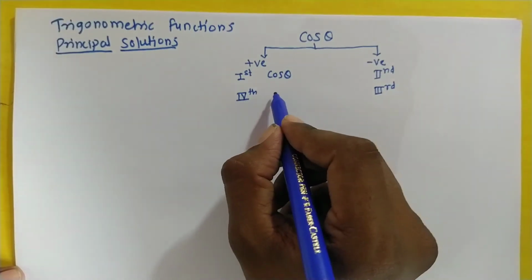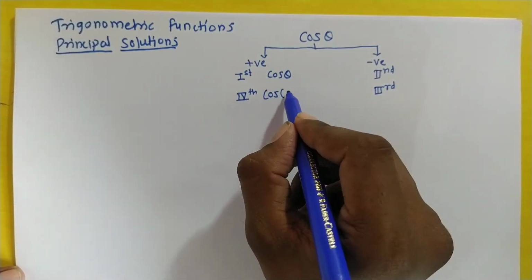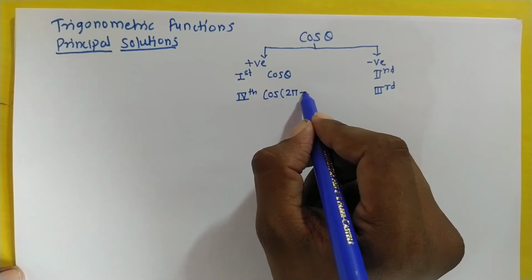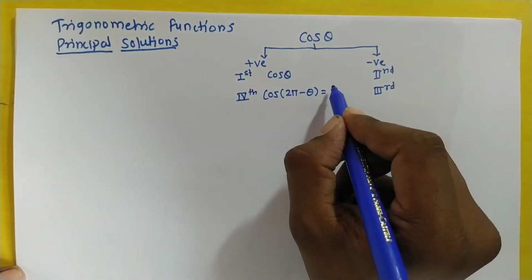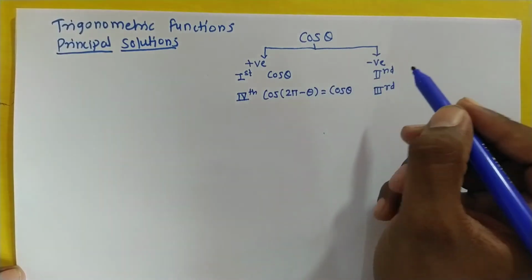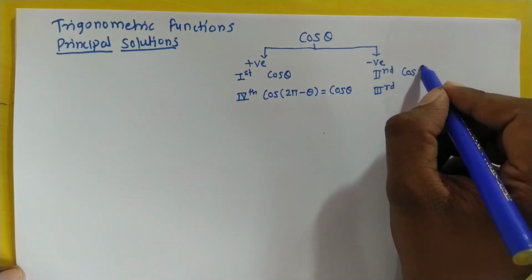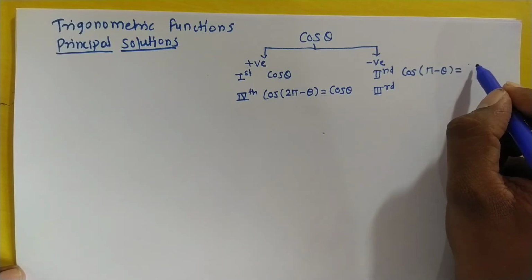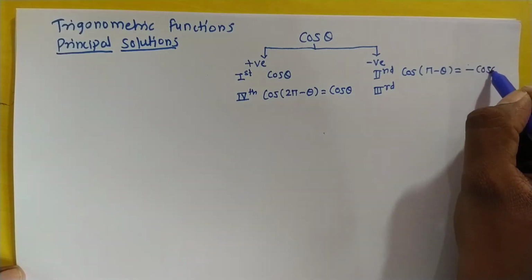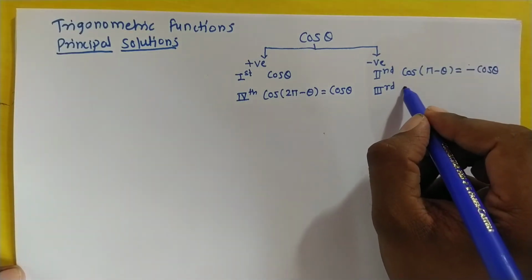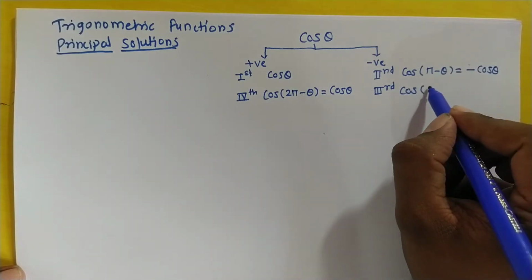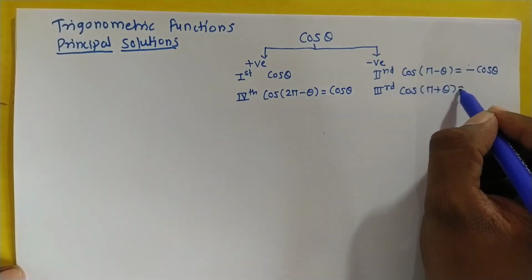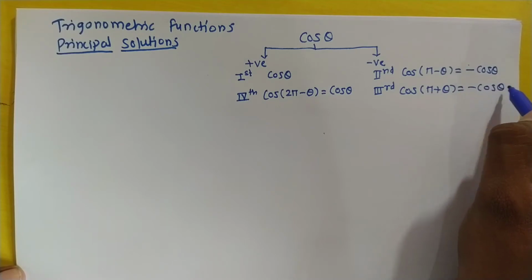So in fourth quadrant cos of 2 pi minus theta is equal to cos theta. For second quadrant we know that cos of pi minus theta equal to minus cos theta. For third quadrant we know that cos of pi plus theta equal to minus cos theta.